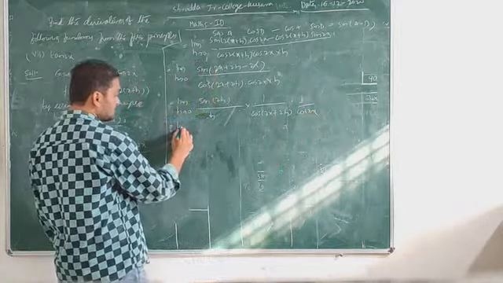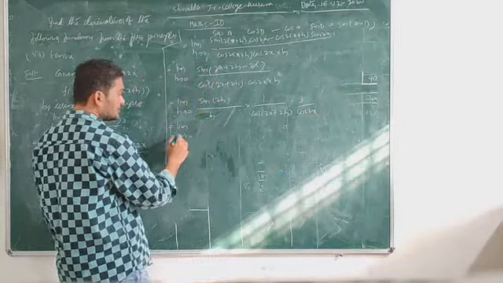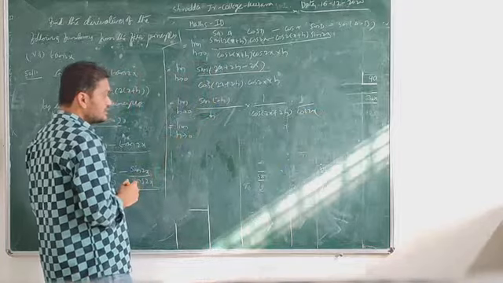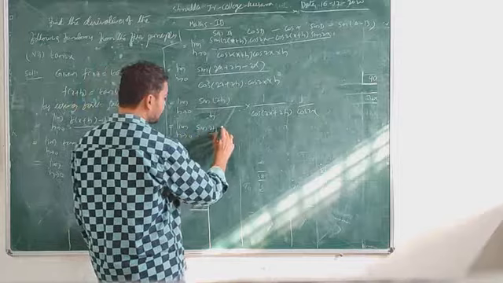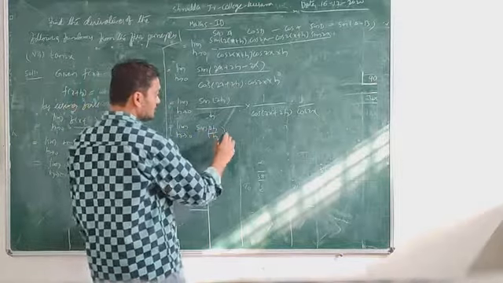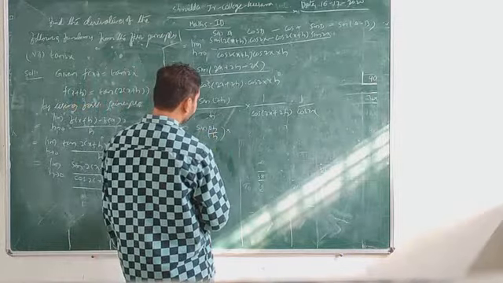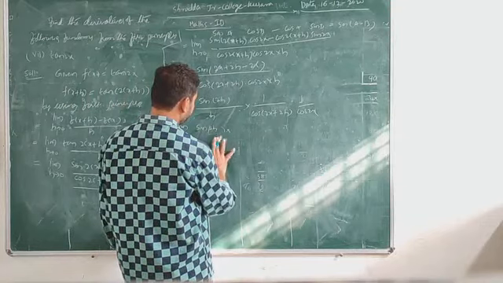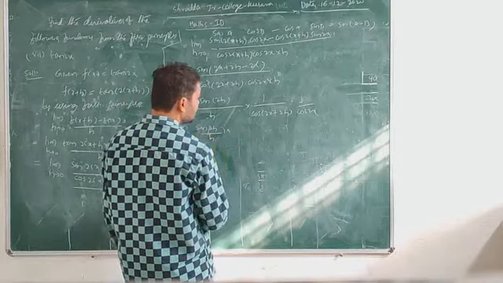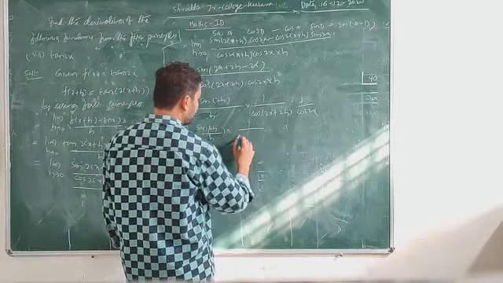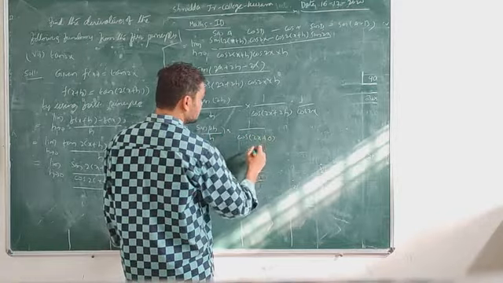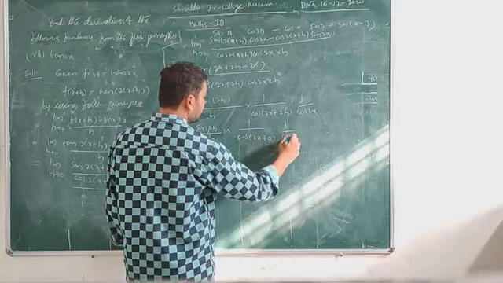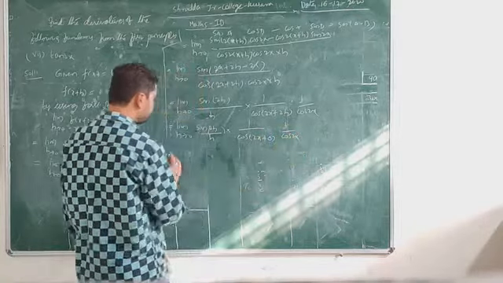So this equals limit h tends to 0 sin 2h by h into 1 by cos of 2x plus 2h, which means 0, into 1 by cos 2x.